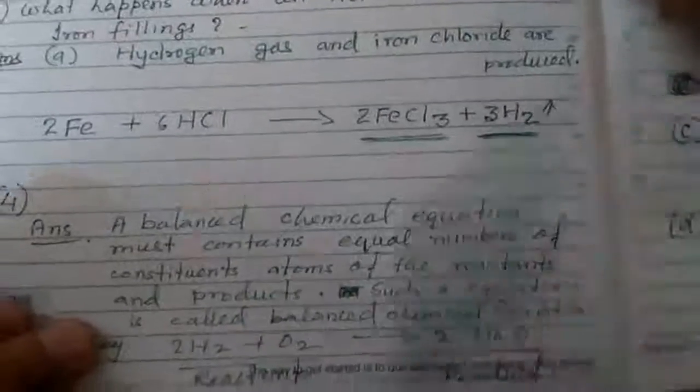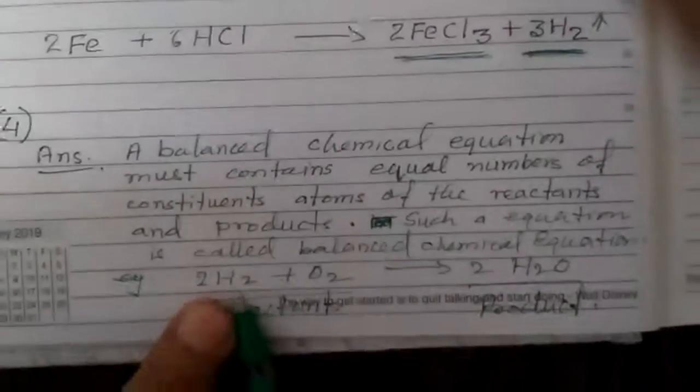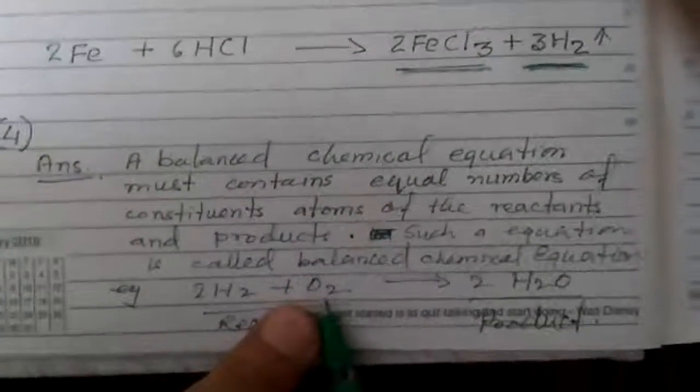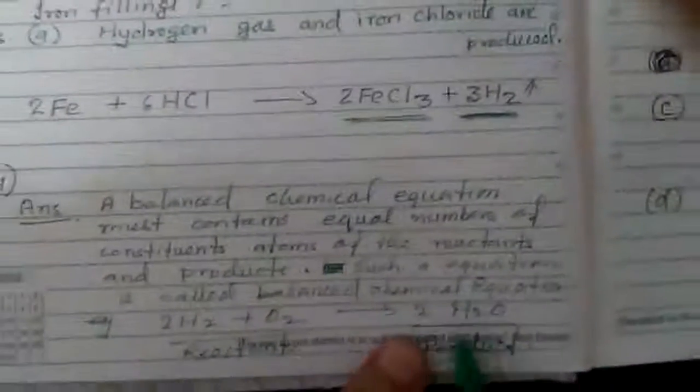Suppose in this reaction 2 molecules of hydrogen, each containing 2 hydrogen atoms, and one molecule of oxygen containing 2 oxygen atoms give rise to 2 molecules of water, each containing 2 hydrogen atoms and 1 oxygen atom.